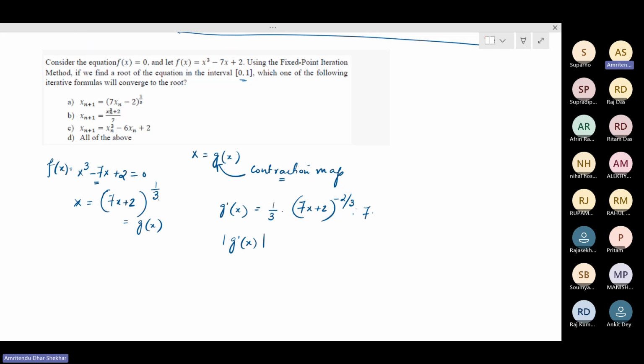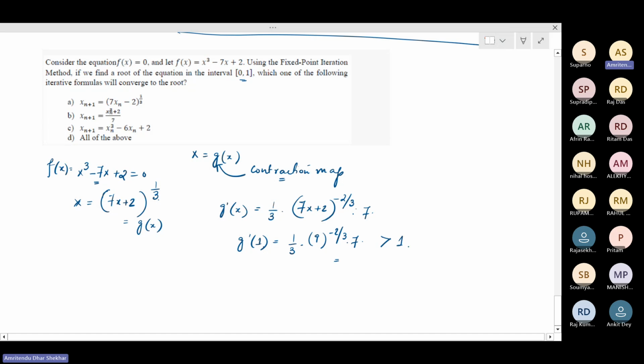So this g dash 1 is equal to one third times 9 to the power minus 2 by 3 times 7. If we evaluate this quantity, this is greater than 1.